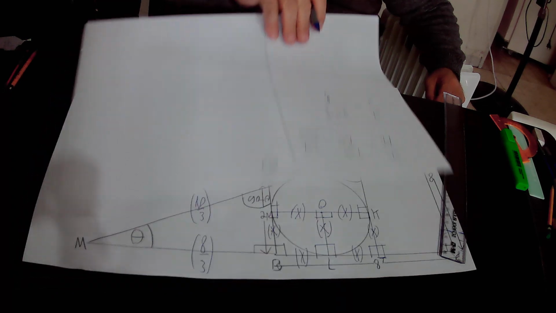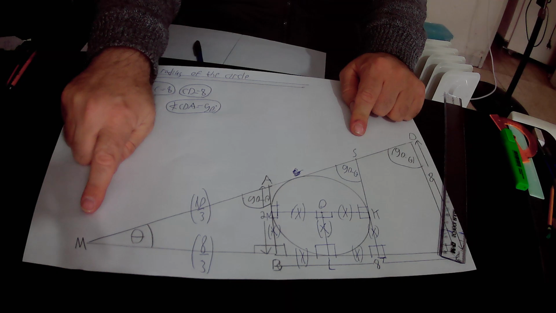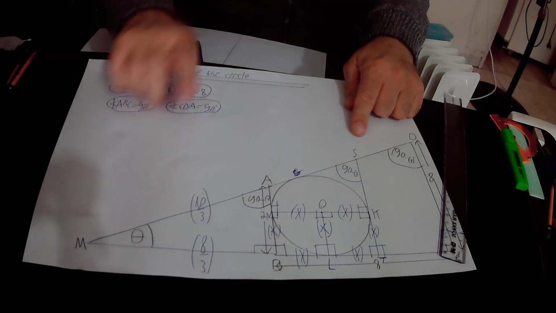And it is also equal to SM. SM is the hypotenuse of the middle triangle. It is very easy to see from the drawing that SM equals SA plus 10 over 3. So in total, SM equals SA plus 10 over 3.